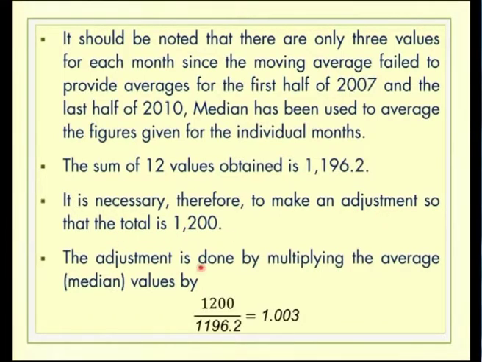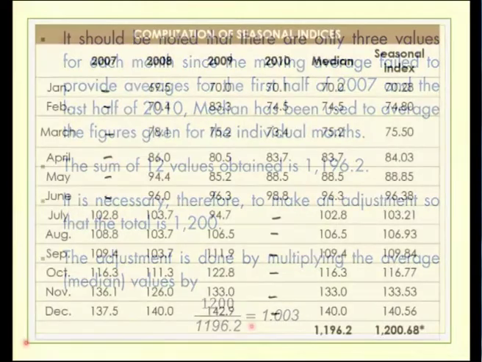The adjustment is done by multiplying the median values by 1200 divided by 1196.2, which is 1.003. The final result thus obtained gives the seasonal index. 1.003 is the adjustment we have made.